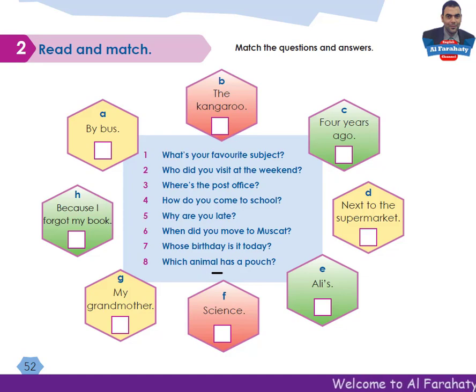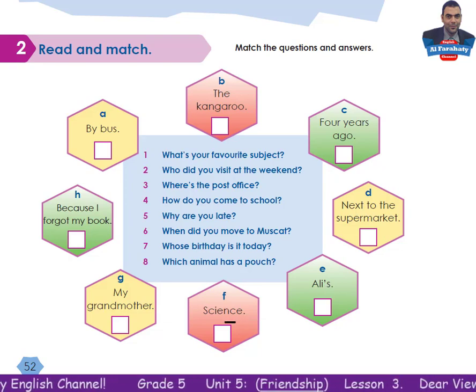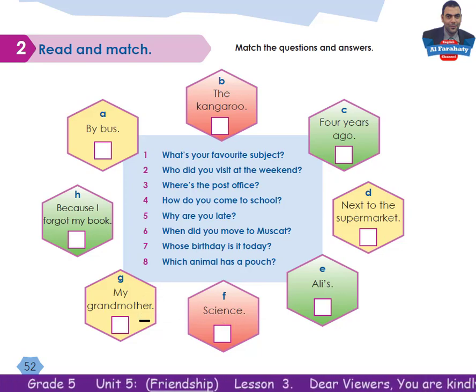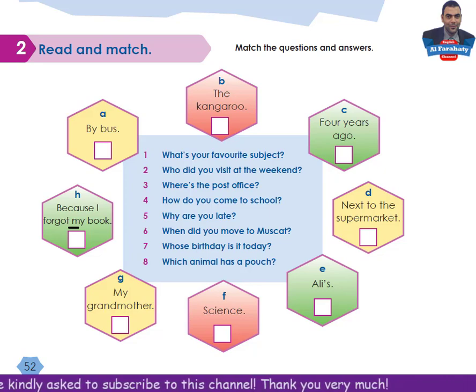Which animal has a pouch? By bus, the kangaroo. 4 years ago, next to the supermarket. Ali's. Science. My grandmother. Because I forgot my book. Now take your time and use your pencil to match the questions and answers, then come back to check your answers.